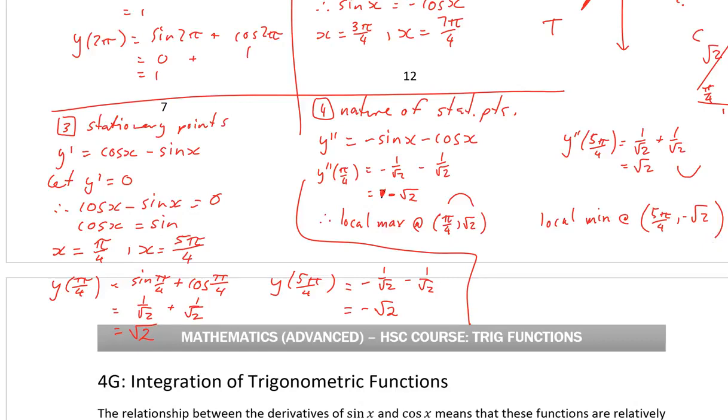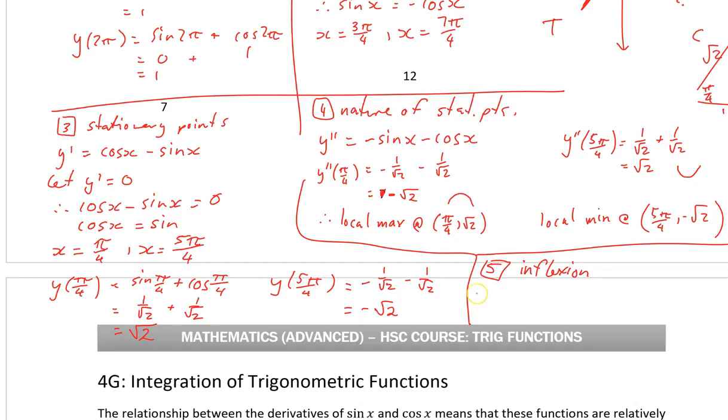Now, I think the one more thing that we should do here to be thorough, for step 5, is look for points of inflection. So I'm going to say y double prime of 0. No, not the y double prime of 0.